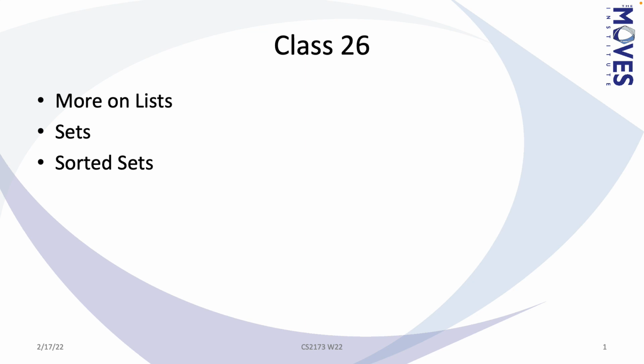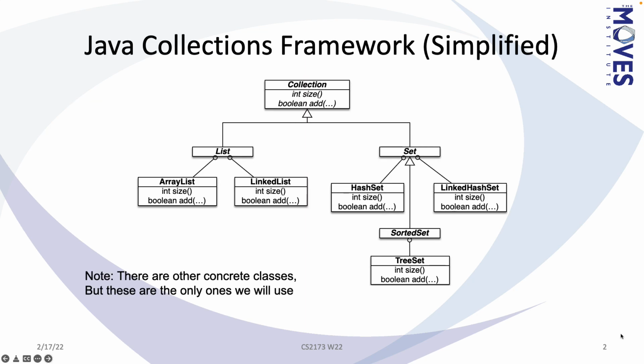Today we're going to continue our foray into the Java collections framework and talk a little bit more about lists and then sets. So we touched on sets yesterday, but there's more to talk about. And just as a review, this is a considerable subset of the collections framework.